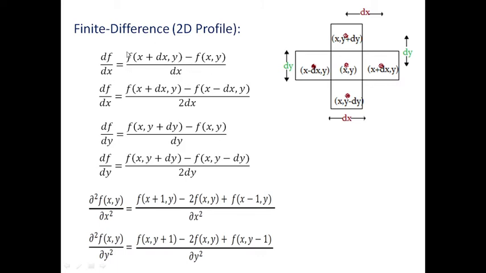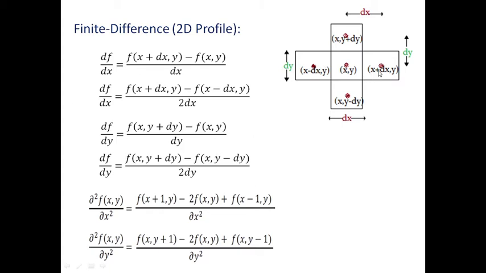If I would like to find the first order derivative over twice the distance, from this pixel to this pixel, that is from the left pixel to the right pixel, then previously the equation was for this one with this one. Now I am finding df by dx with respect to the left pixel and right pixel.